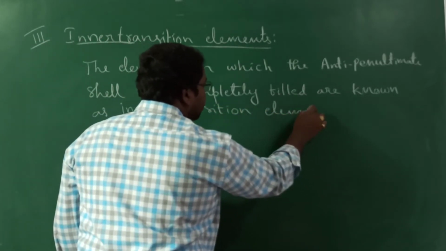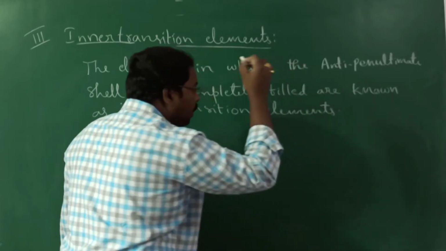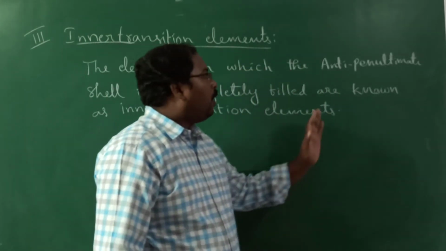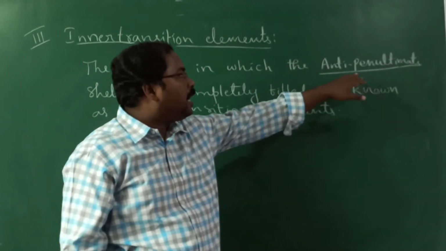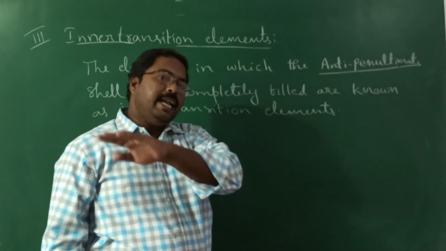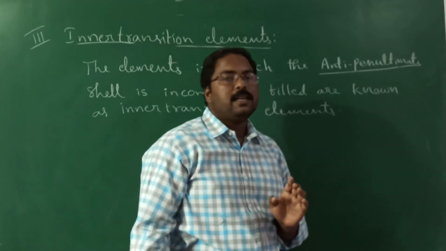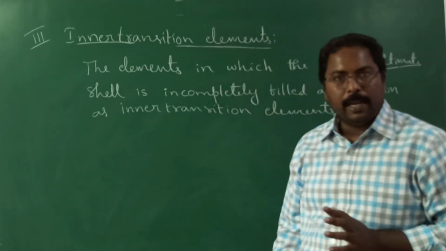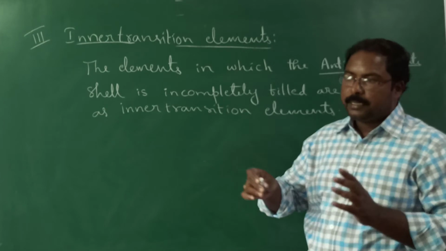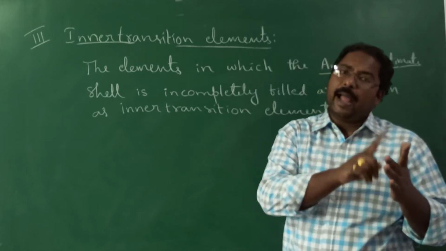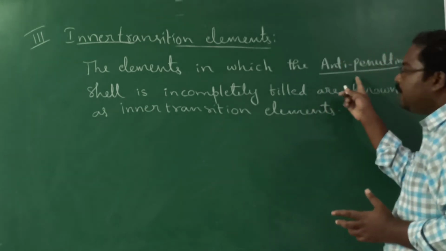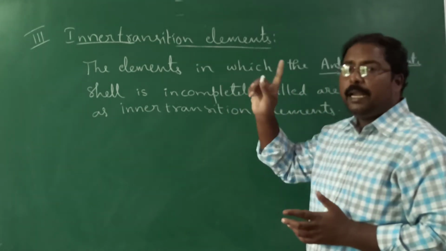Our anti-penultimate shell means the last third shell. If this is not filled, automatically the ultimate as well as the penultimate shells are also incompletely filled. So in these elements, the ultimate, penultimate and anti-penultimate, all three shells are incompletely filled.